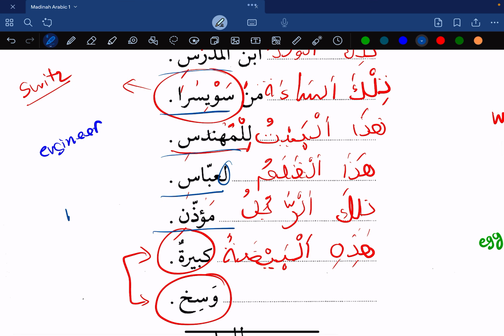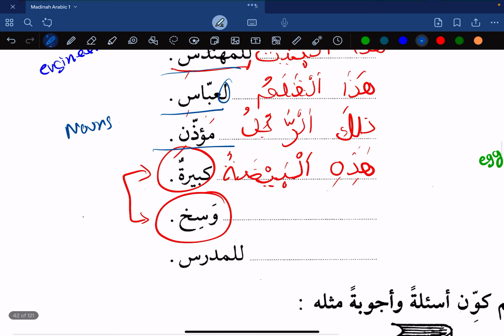Muadhin, these are nouns. Whereas the word Kabir means big, and Wasikhun, we did this a long time ago, which means dirty, filthy, rubbish, lethargic. There you go.